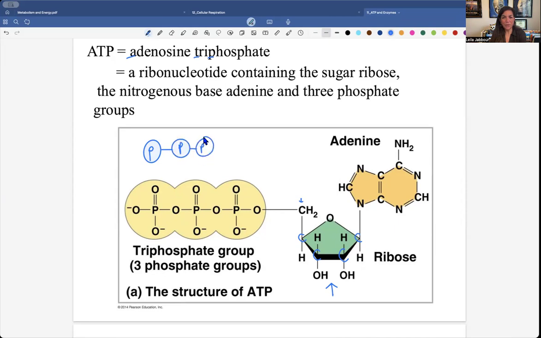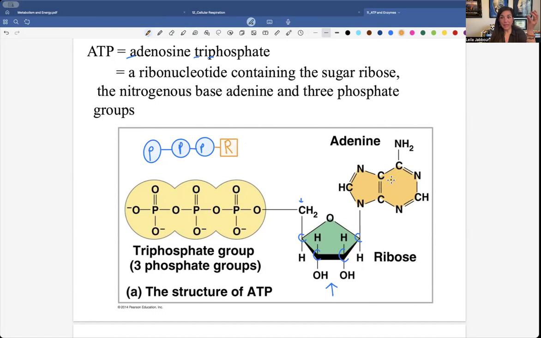Like that. That's all we write. Okay. And they're attached to a ribose, the ribose sugar. So we can do this. There's your ribose sugar.